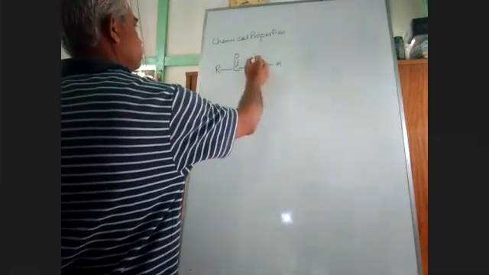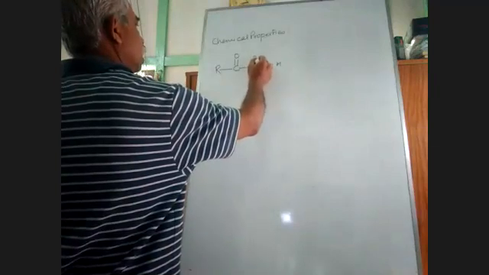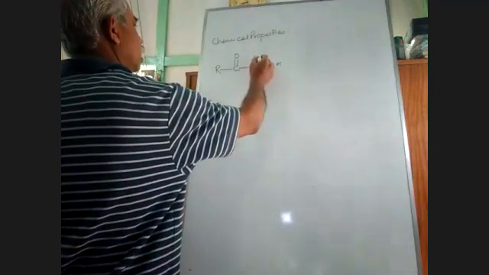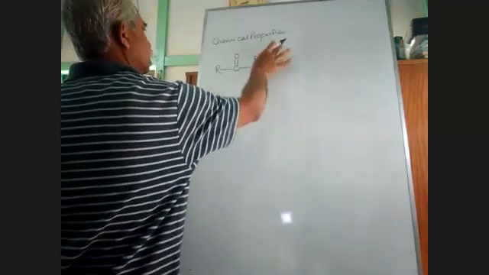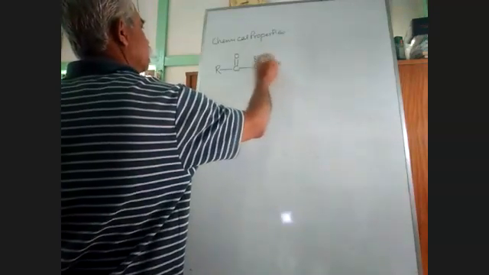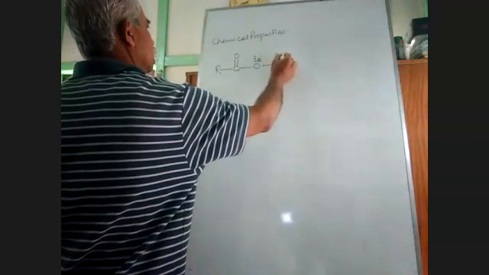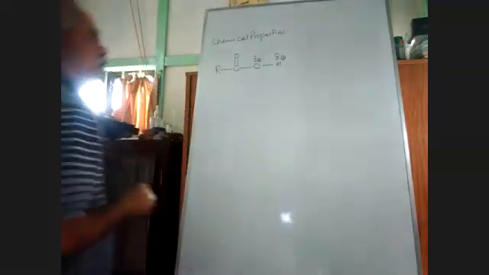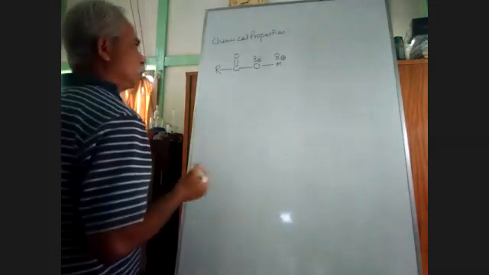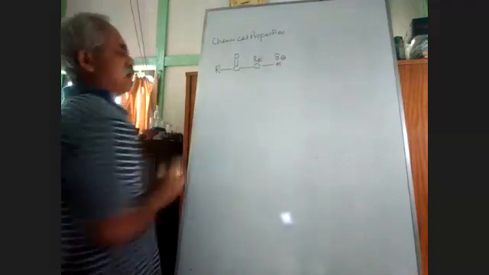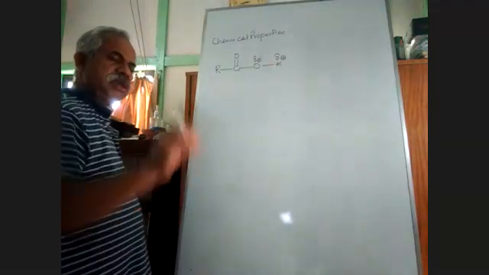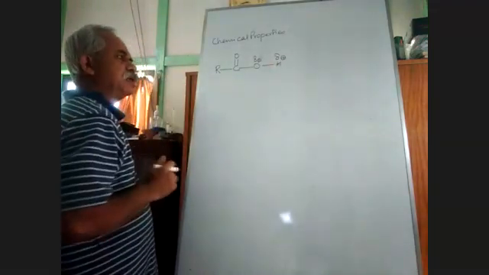Obviously this. So this oxygen hydrogen bond is extremely polar, so it requires the least amount of energy to break.